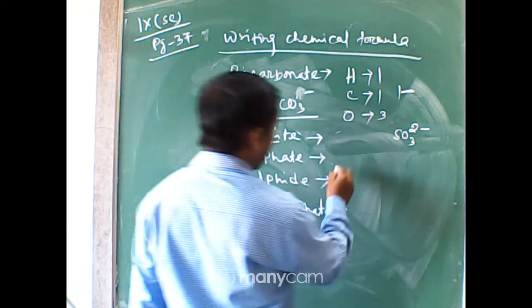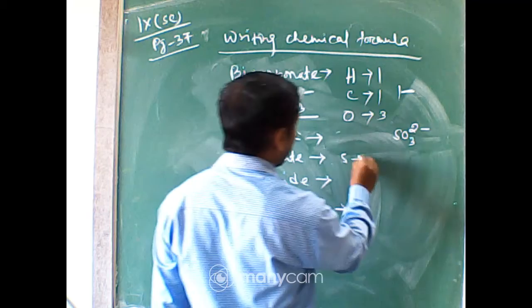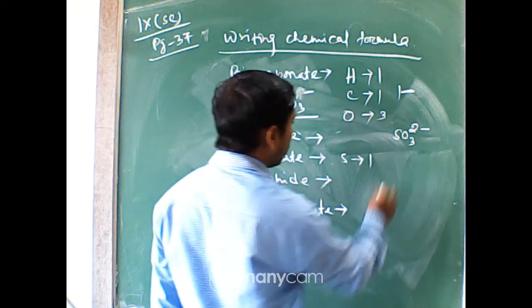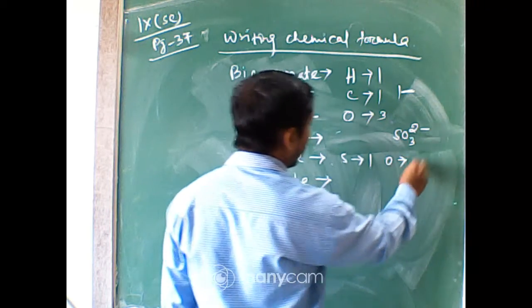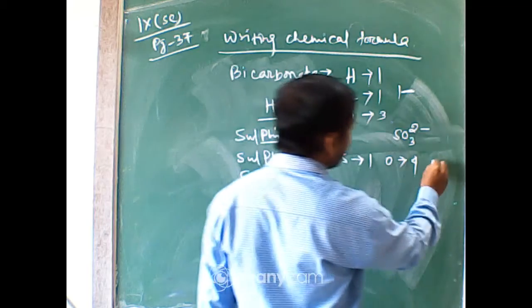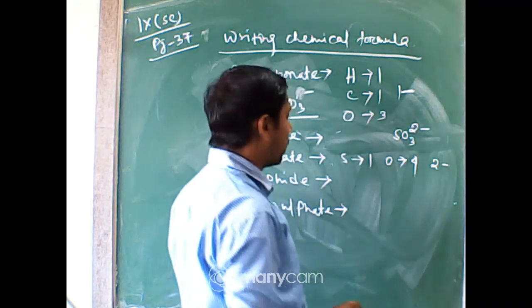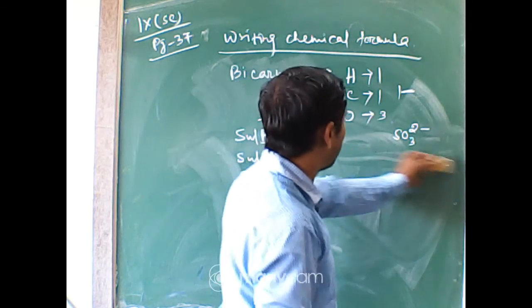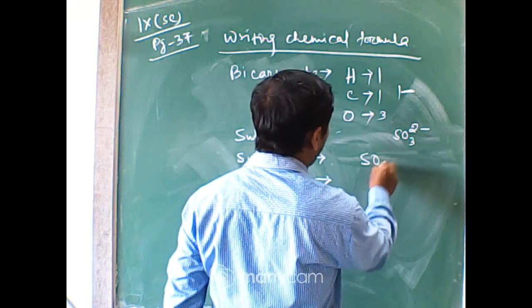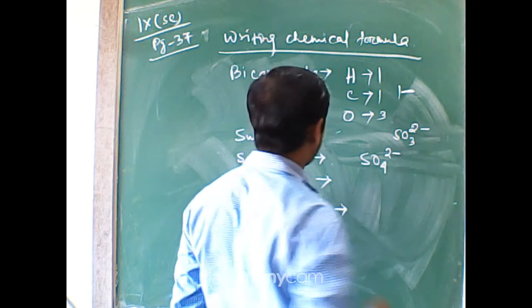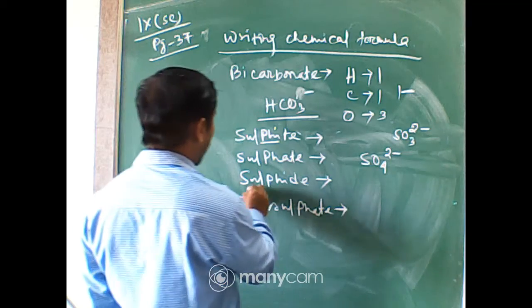Now, come to sulfate. S, number of atoms is 1, oxygen number of atoms is 4, and the charge is 2 minus also. So, the formula representation will be SO4 2 minus. Now, come to the sulfide.